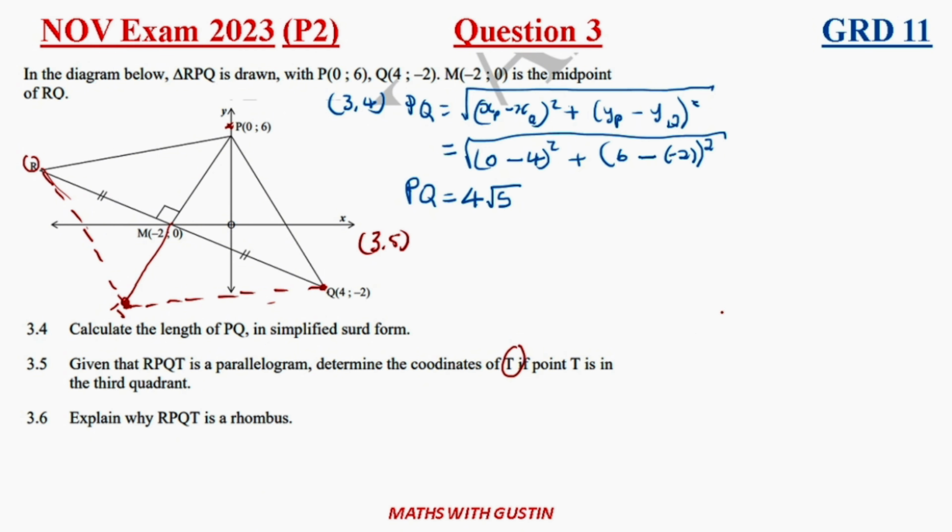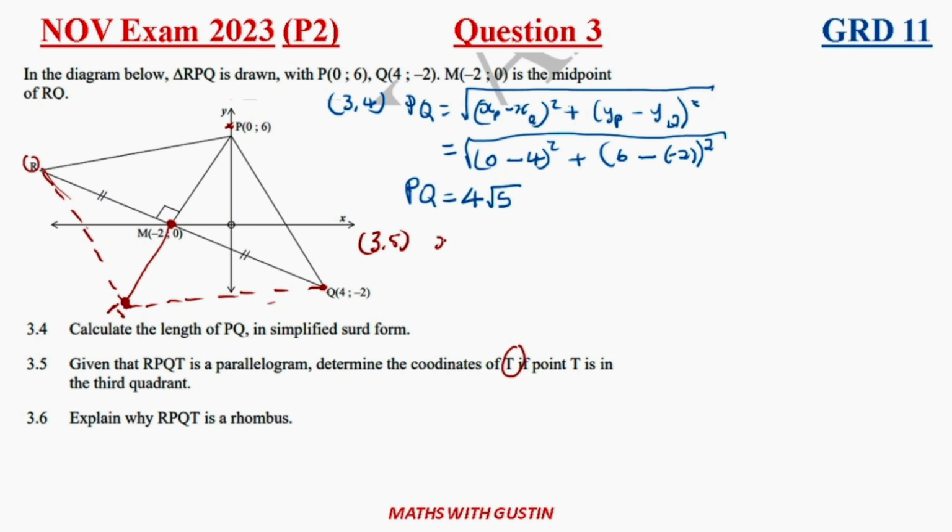Right, so now if you have a look at this one, guys, this midpoint is also the midpoint on the line PT. Line PT has M as its midpoint. So you can also find the coordinates here using a similar method as in 3.2. So let's go ahead.